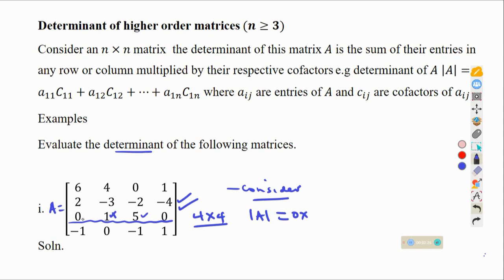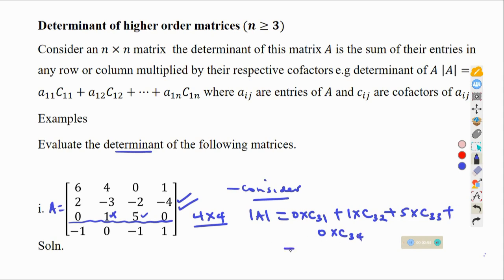This one is in the third row, first column, so it would be C31. So that is 0 times cofactor C31, plus 1 times cofactor C32, plus 5 times cofactor C33, plus 0 times cofactor C34.